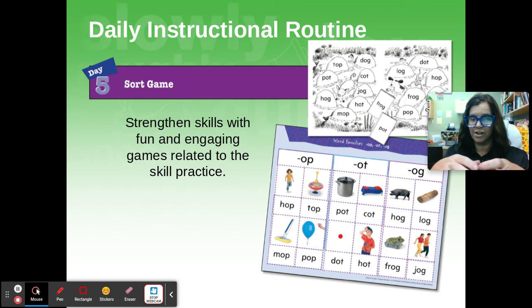Maybe they did it on index cards. And then the other kids in the group would have to see if they could place the words that their group mate found under the right heading. So these are just a couple of things that you could do. Notice they don't all take very long. It's just getting into a routine of getting the kids to practice this stuff.